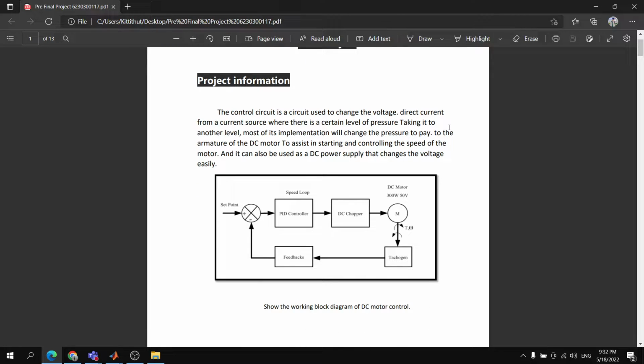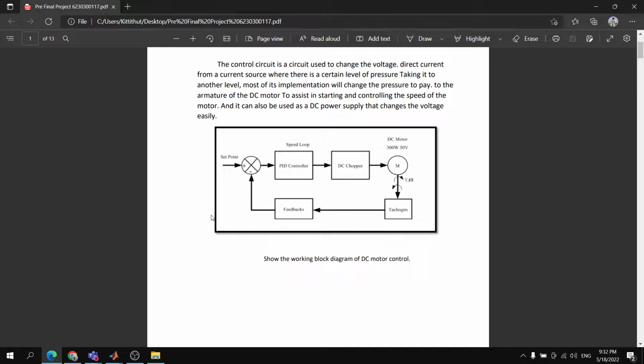The control circuit is a circuit used to change the direct current voltage from a current source at a certain level to another level.